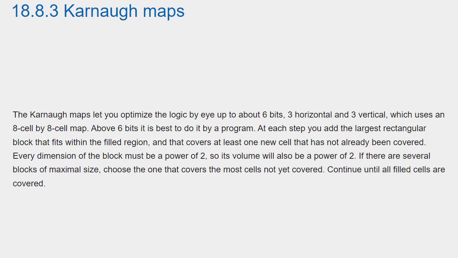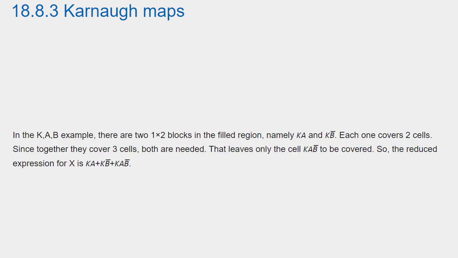Every dimension of the block must be a power of 2, so its volume will also be a power of 2. If there are several blocks of maximal size, choose the one that covers the most cells not yet covered. Continue until all filled cells are covered.